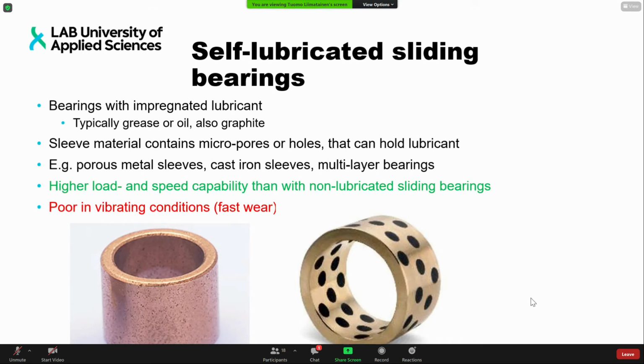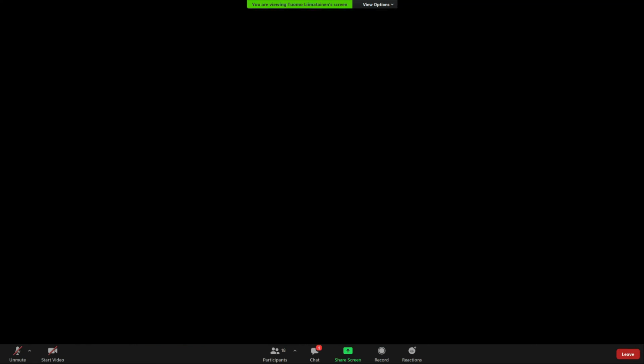And usually it's done in a way that the bearing material contains micropores, like in this one, I don't know if it's bronze or copper, but you can see that there are small holes in the material. And in this right-hand side picture, there are even bigger holes. These holes can contain the lubricant and therefore provide lower friction compared to non-lubricated sliding bearings.